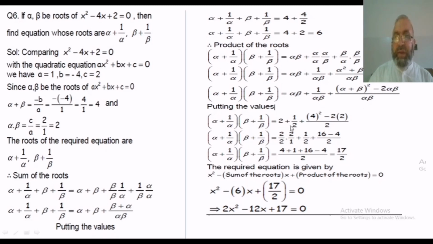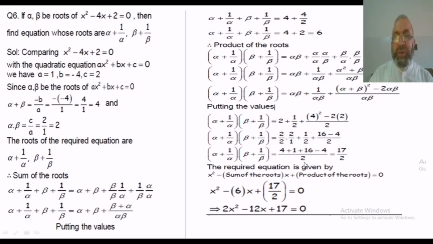Simplifying this one, multiply and divide this 2 by 2, so that becomes 4 by 2. And next plus 1 by 2 plus the next relation 16 minus 2 into 2, that is 12 by 2.